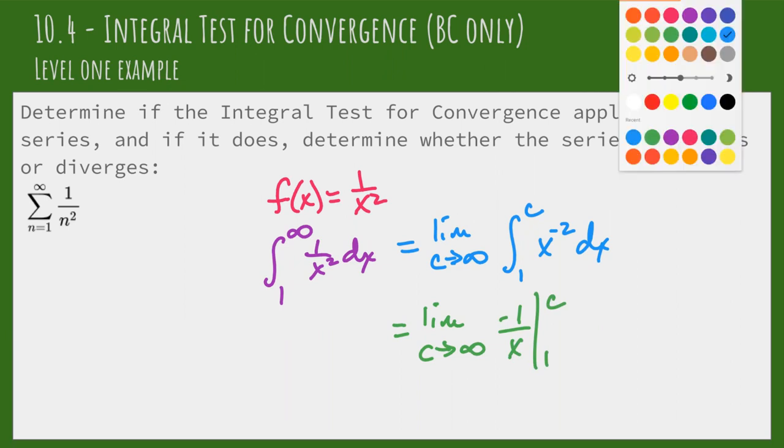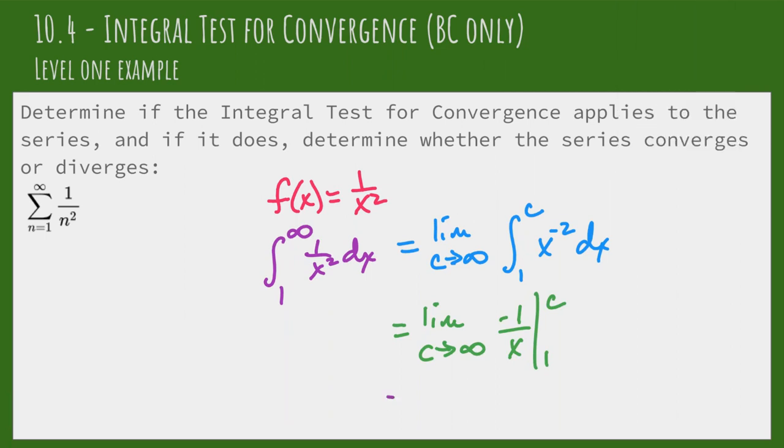So that is going to be the limit as c approaches infinity of negative 1 over c minus negative 1 over 1. And as c approaches infinity, if we're dividing by a number that's getting really big, that's going to approach 0. So we get 0 minus negative 1, which is positive 1.